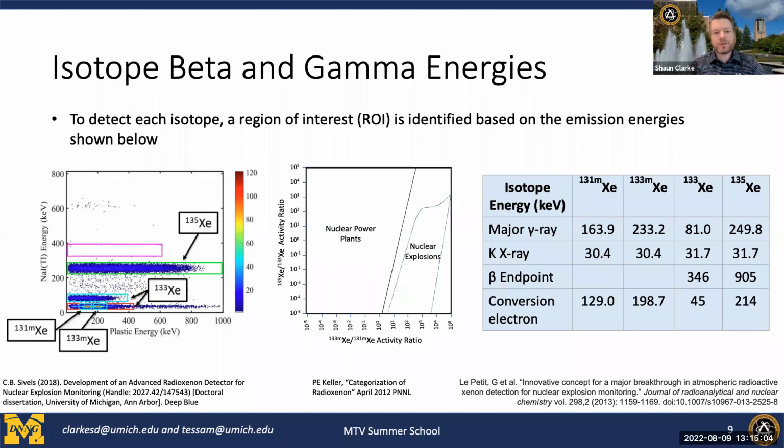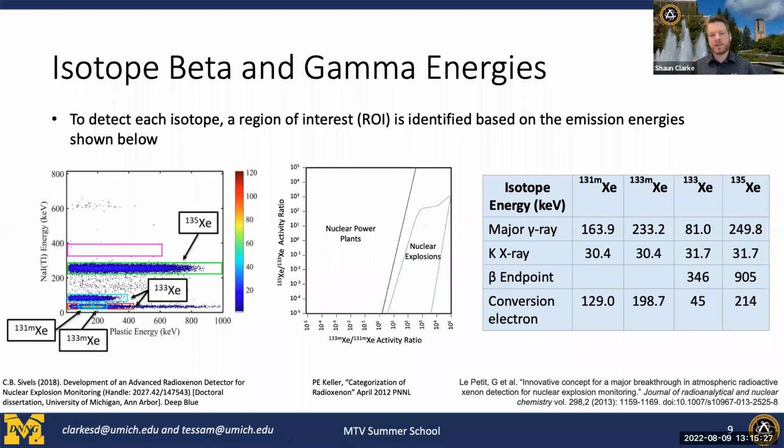This chart shows in practice one of the ways that we detect these radioxenon isotopes. It's a little bit complicated, but if we start on the right, you can see the table. And in short, these 4 radioxenon isotopes decay through mechanisms that emit correlated photons and electrons.